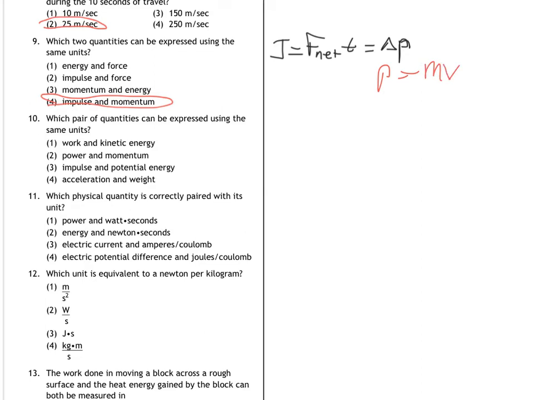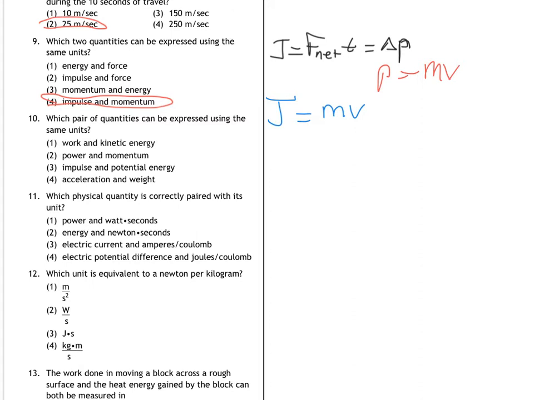So what I'm thinking, just in terms of the transitive property, is that impulse is going to be equal to mv. And that means that impulse and momentum are going to have the same units. So I'm going to choose choice 4. Oh, I already chose choice 4. Impulse and momentum have the same units.